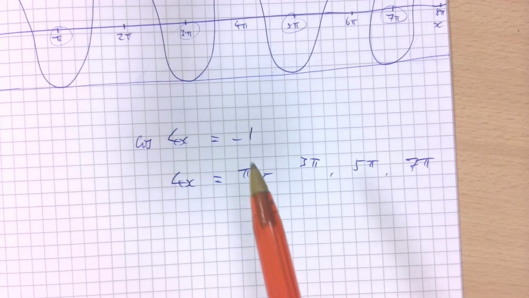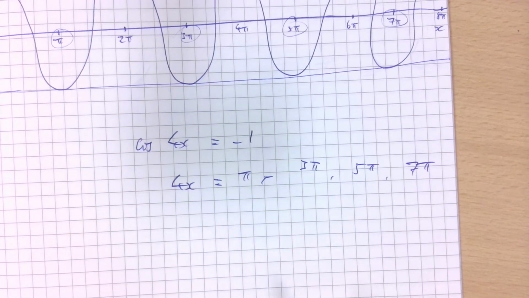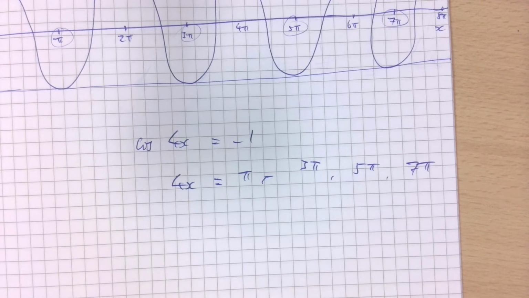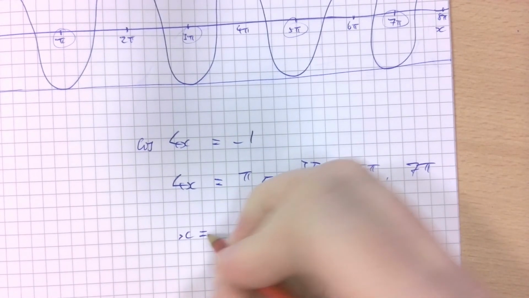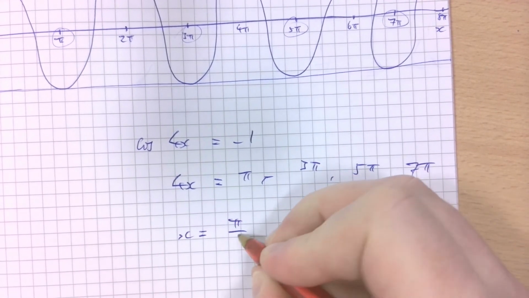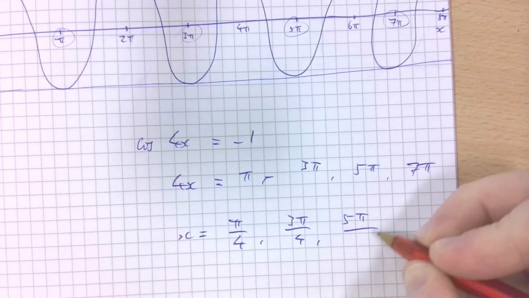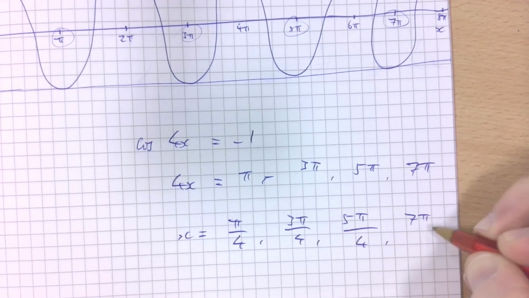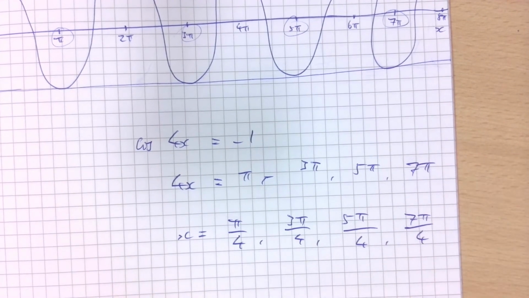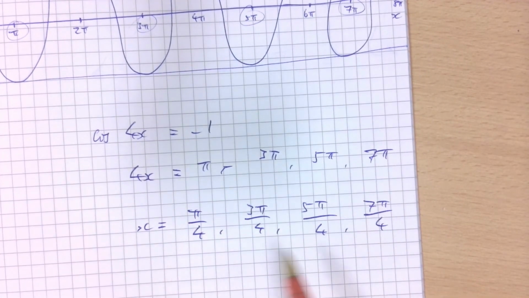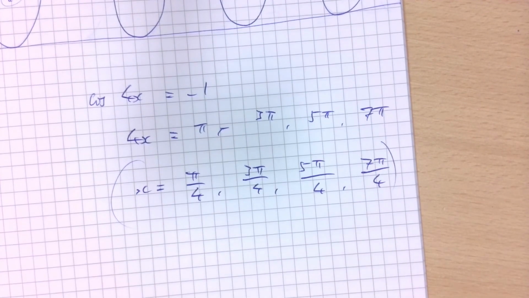Now, similarly to what we had before, the range of values that the question asks for is between 0 and 2 pi, which all of these do fall within when I express x on its own, dividing everything by 4: pi over 4, 3 pi over 4, 5 pi over 4, and 7 pi over 4. Any fraction above that on this diagram will have values that are above 2 pi. Okay, so those are my solutions for that particular question too.